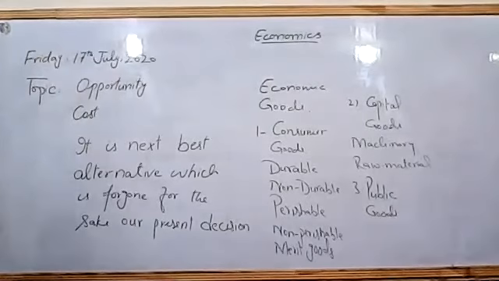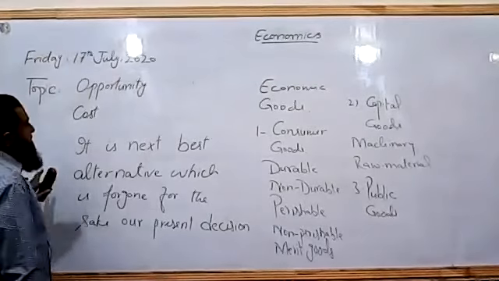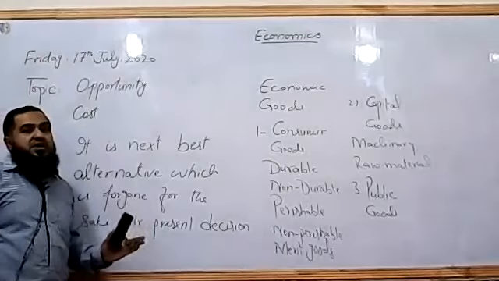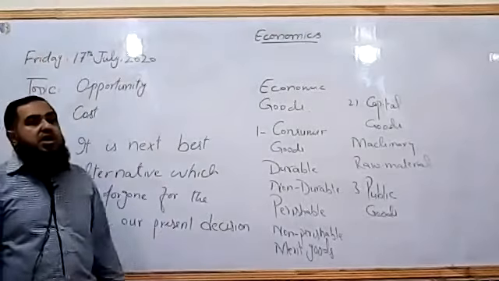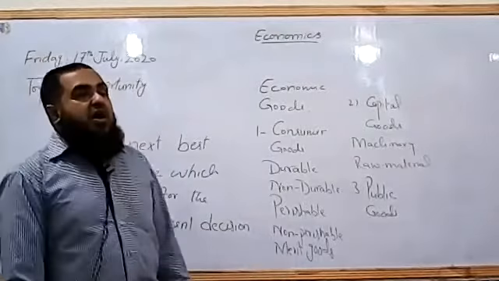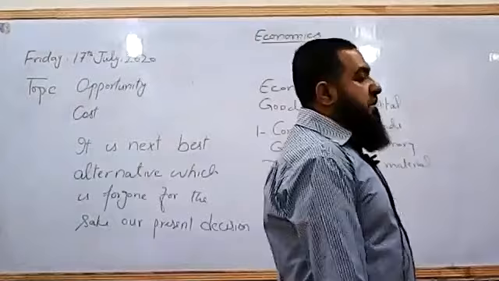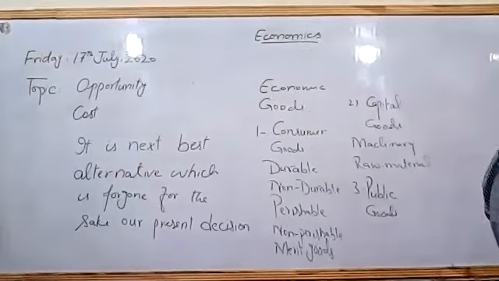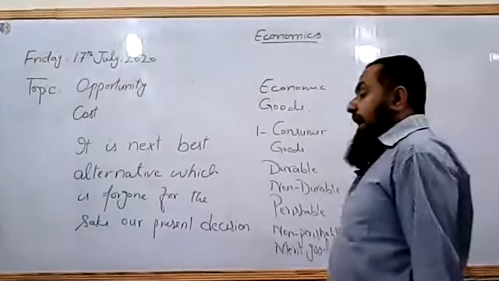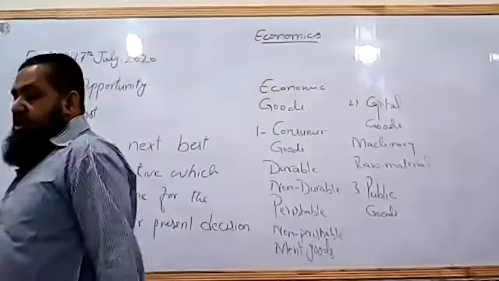So opportunity cost is involved in all the cases. Either a person is a consumer, or a person is a producer, or he is a worker, or there is government who is going to decide what types of public goods, what types of merit goods they are going to produce by allocating the resources in the production.